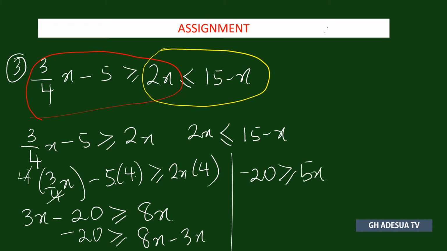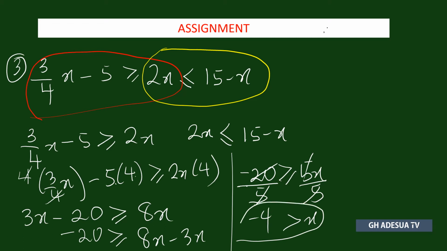Now you want x to stand alone because of your final equation. So you divide by 5, then you do the same thing here. So you have x, 5 into negative 20 is negative 4. So this is our temporal one side of the equation. Now this is the other half of the equation. So let's solve that too.